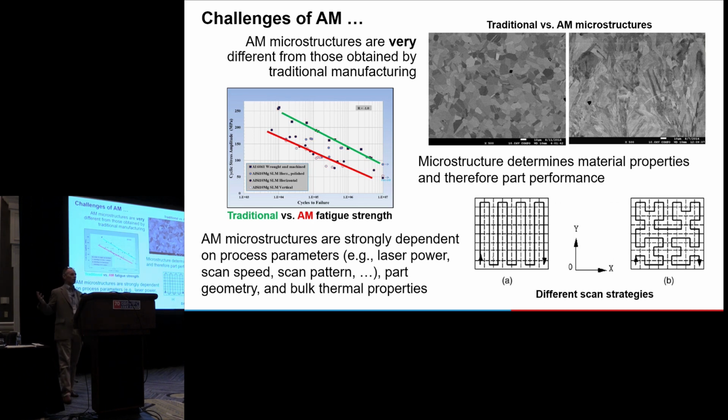You have tons of parameters you can set in additive to control the process. The disadvantage is you've got this huge parameter space, and you don't really know what's optimal. And that's where simulation can help. All of these process parameters are directly tied to the microstructures that you get in your final part.